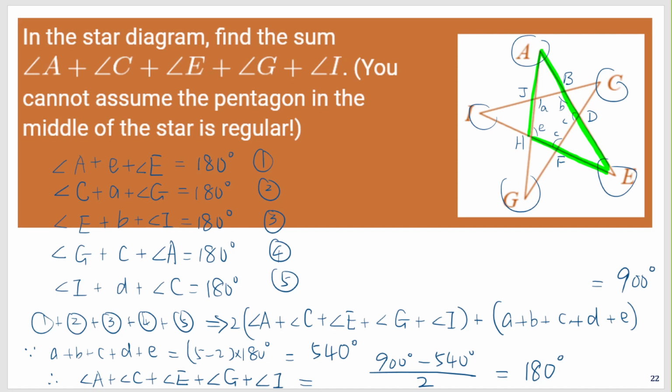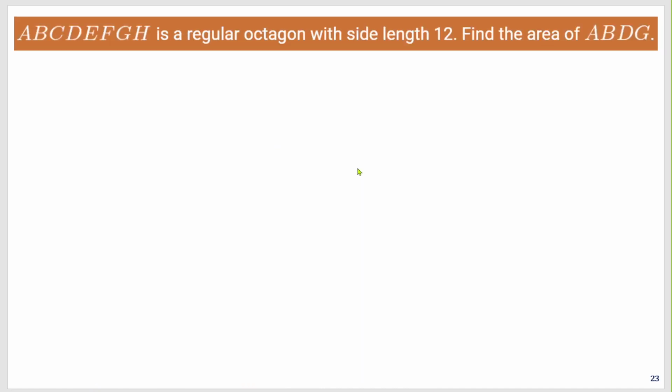Okay, if not, let's have a look at one last example. ABCDFGH is a regular octagon with side length 12. Can you find the area of ABDG?